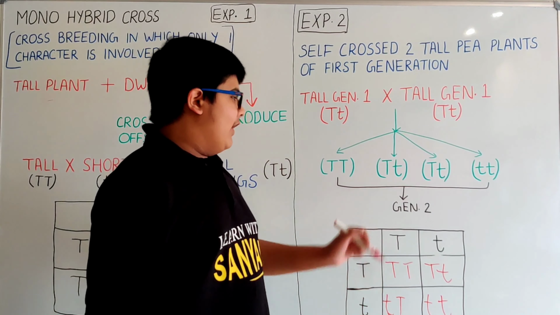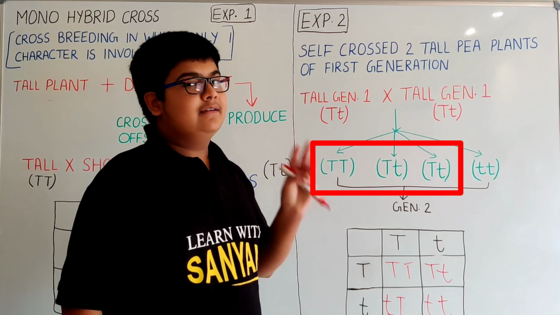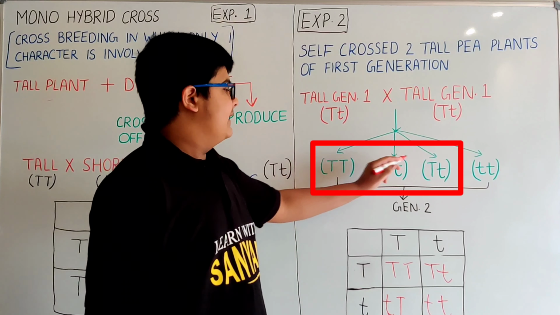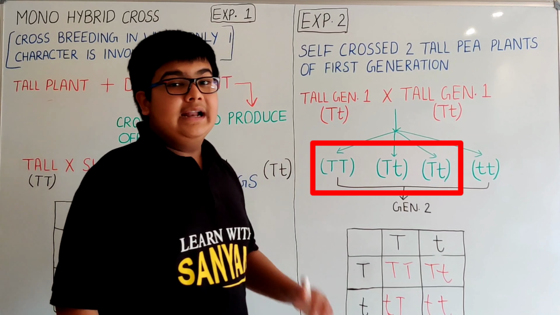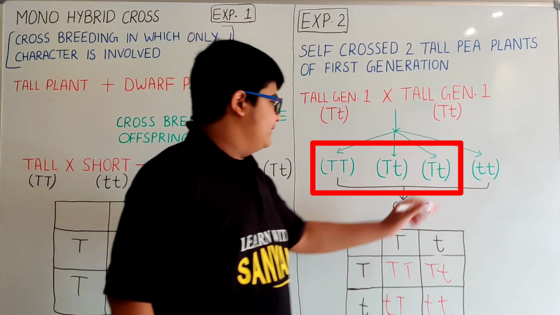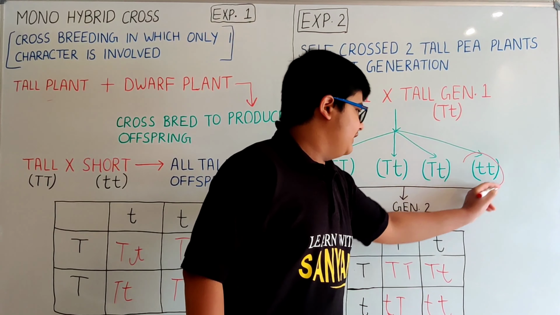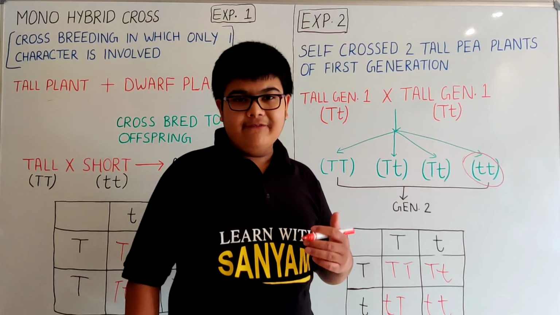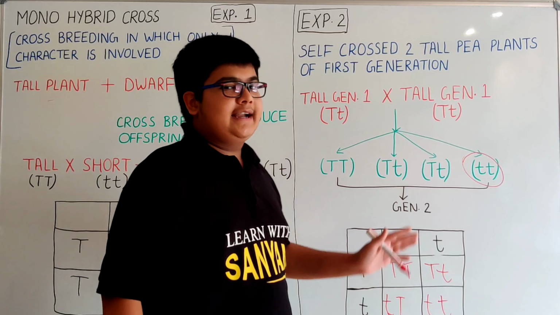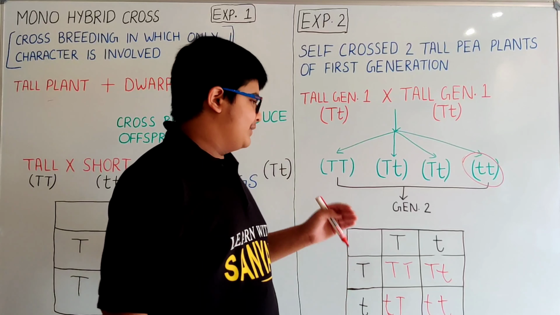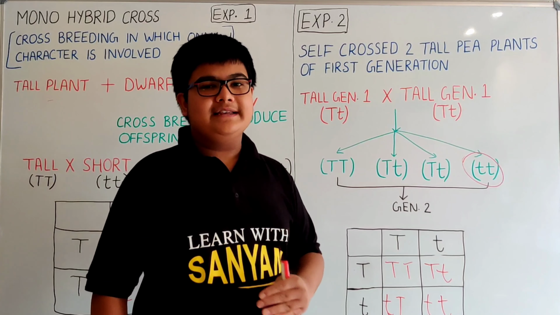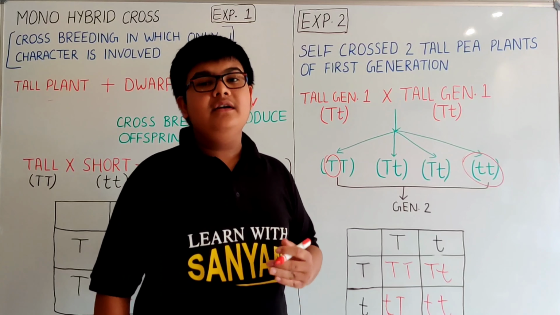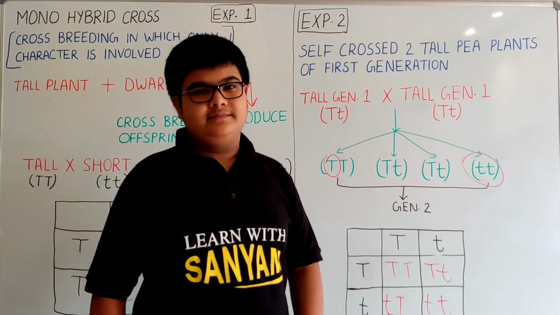This time he found that 3 offspring were tall, which were capital T, small t, and capital T, small t, while one offspring was short, which had both shortness characters, that is small t, small t. In this way, he found that the shortness character was present in these offspring, but it was not expressed, as the capital T tallness character was more dominant.